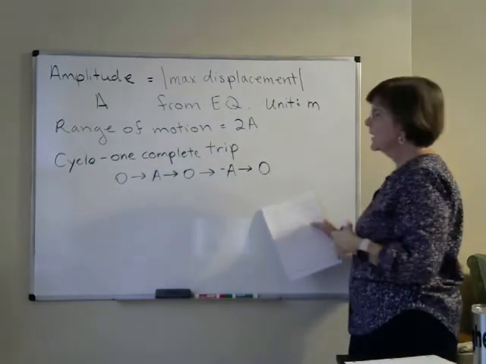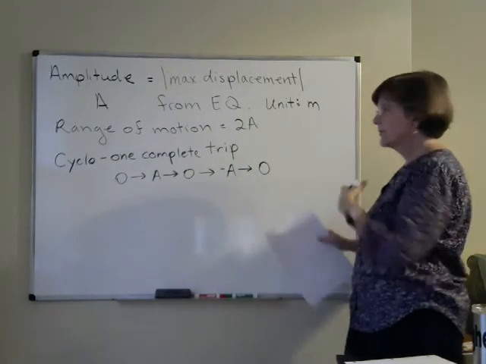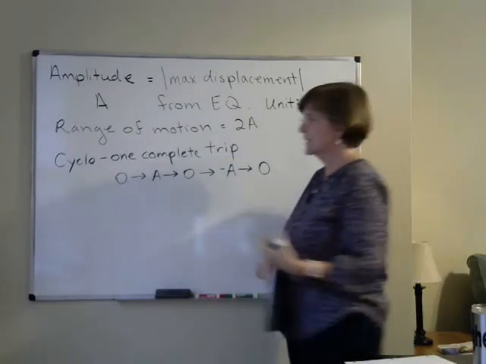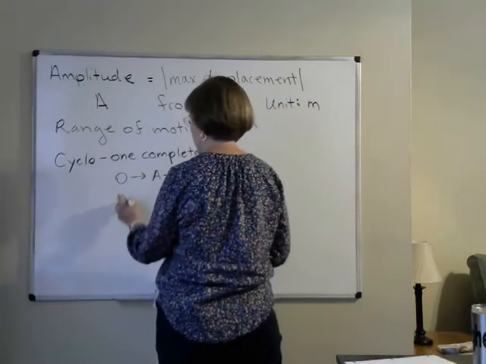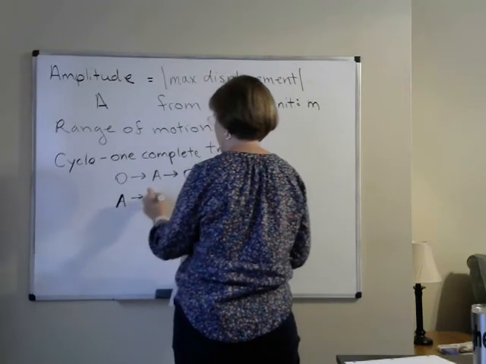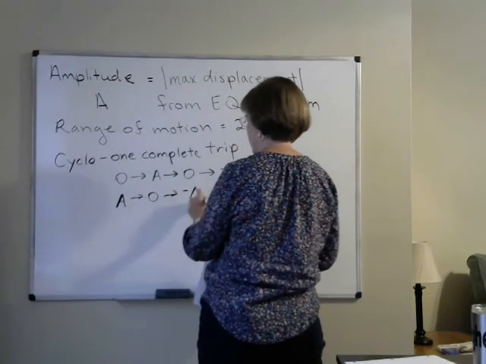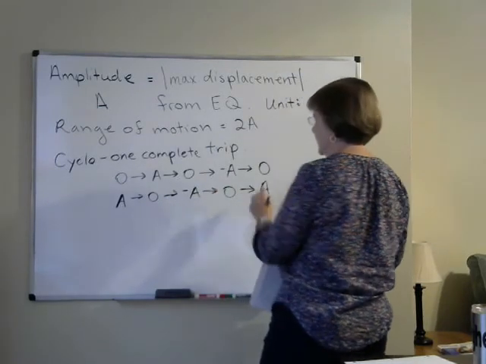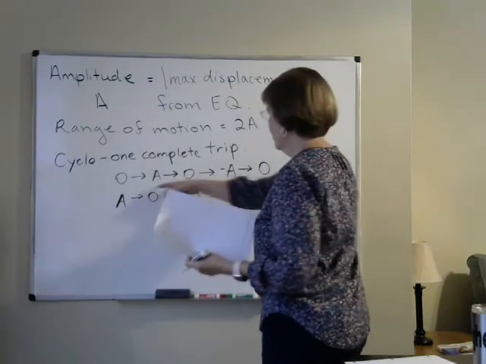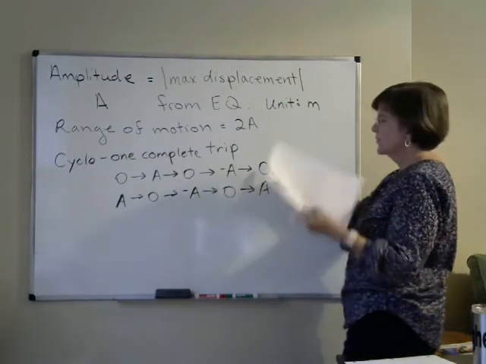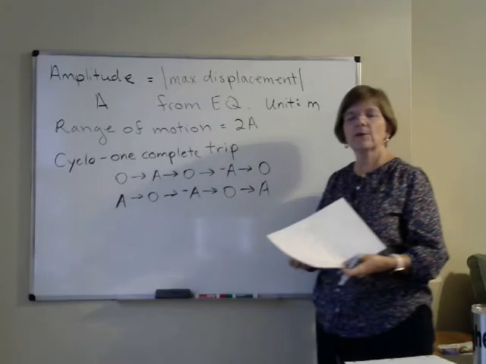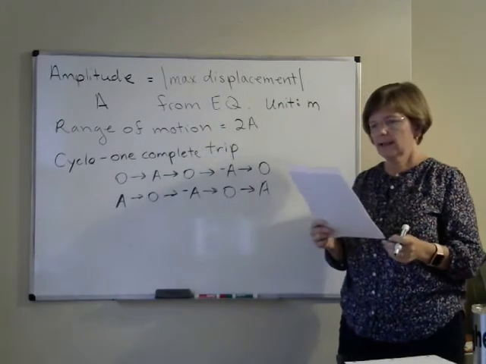That would be one complete cycle. You don't have to start at the origin. You can start at a point of maximum displacement. You could start at A, go to the origin, go to negative A, go back to the origin, and then back to where you began. But you can see, once you reach this point, you're going to repeat yourself. You normally have to go through that equilibrium point twice.